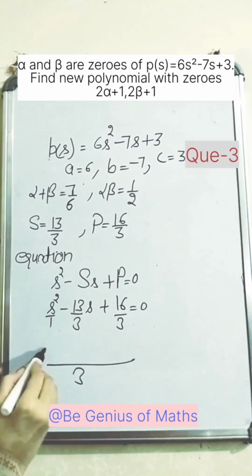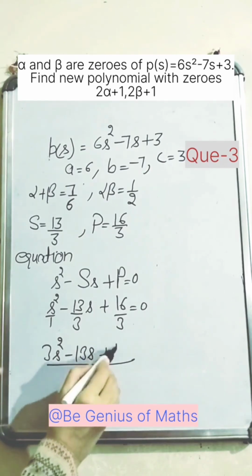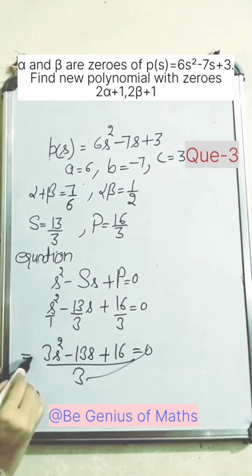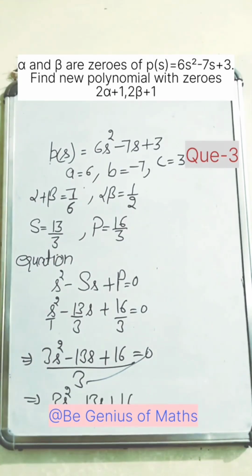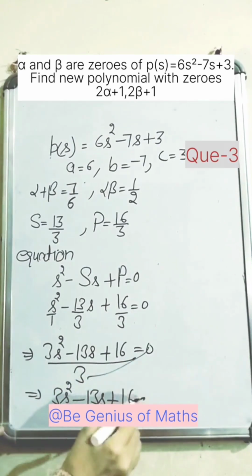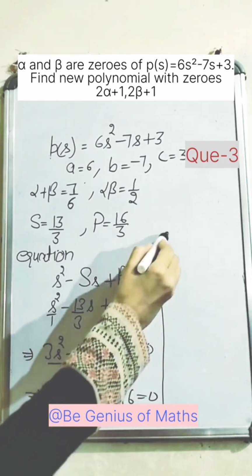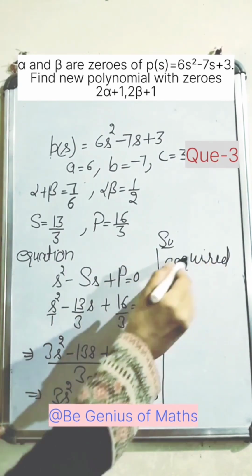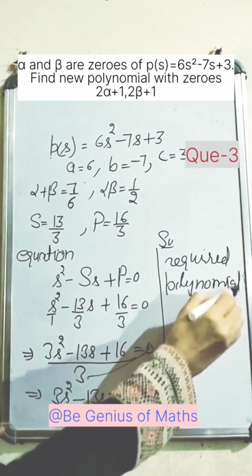So by taking LCM, 3s square minus 13s plus 16 equal to 0. It becomes 3s square minus 13s plus 16 is equal to 0 into 3. 0 into 3 is 0. A polynomial is an expression without 0.